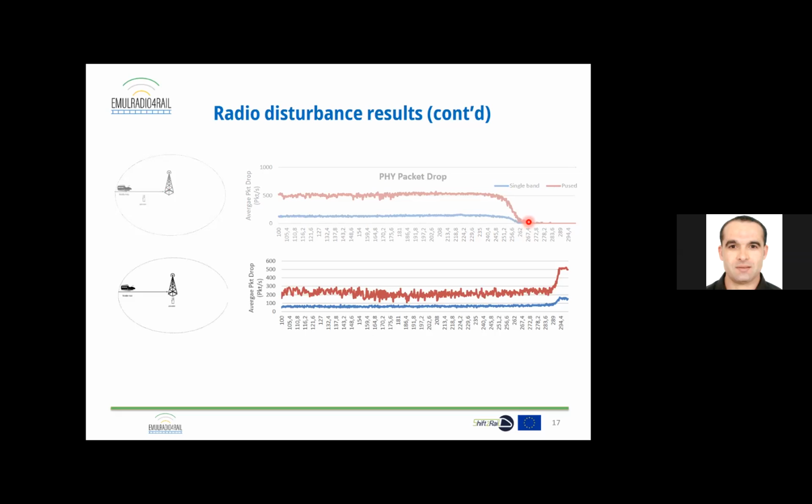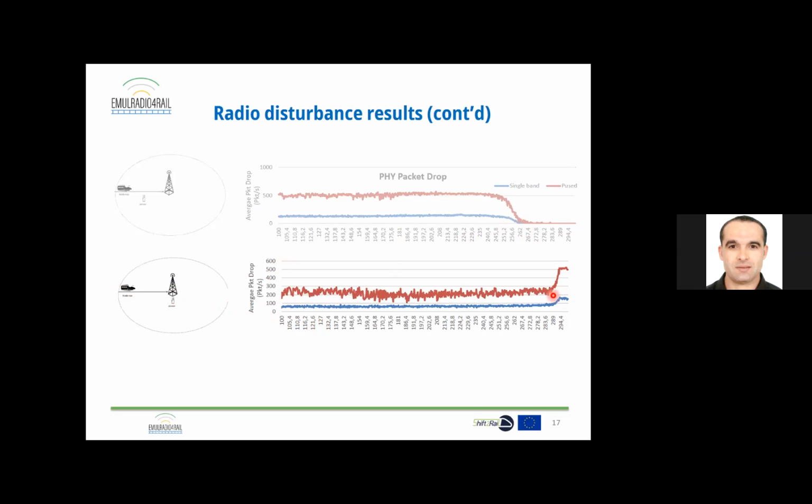As a second test, we put the jammer near the eNodeB, and the train is still moving from the edge to the center of the cell. Here we can see that the average packet drop remains stable during the train trajectory for the 2 jammers until the train is 120 meters from the eNodeB.